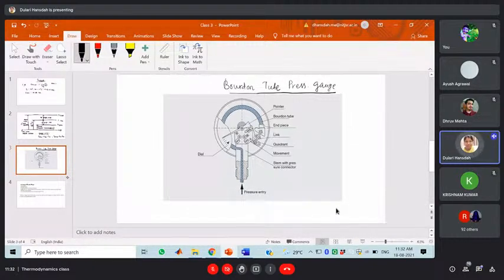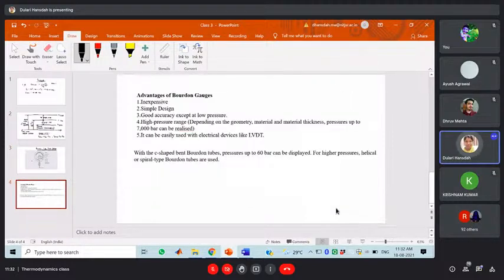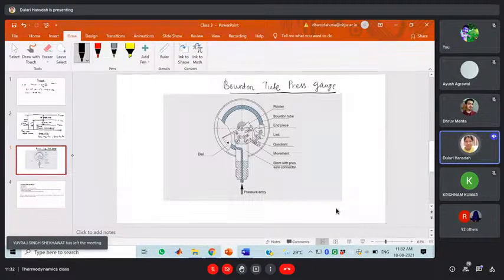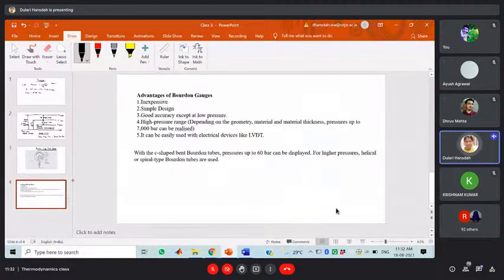By using this device, we can measure the high pressure of any fluid. Here I have mentioned that depending upon the geometry or material thickness which we are using in the C-shaped or bent type of tube, the pressure measurement can be increased up to 7,000 bar.